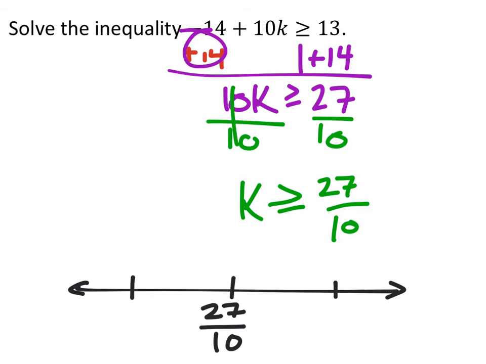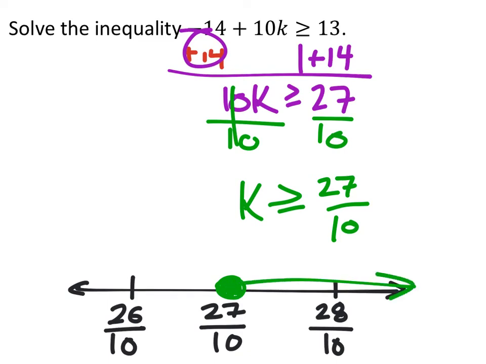Since it's positive, I just go up 1, 28 tenths. I know that fraction can be simplified, but it's not really necessary when you're using a number like this, especially by hand, because showing that it's in tenths and then how many of them we have, I think is good practice. So I would just keep these fractions unsimplified like this, and also as improper fractions. So at the 27 tenths, closed circle, it's eating the K, so the line goes to the right.